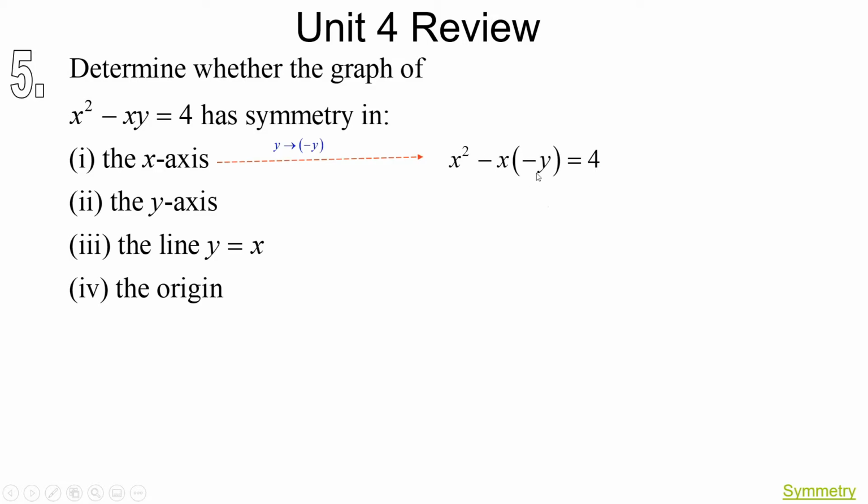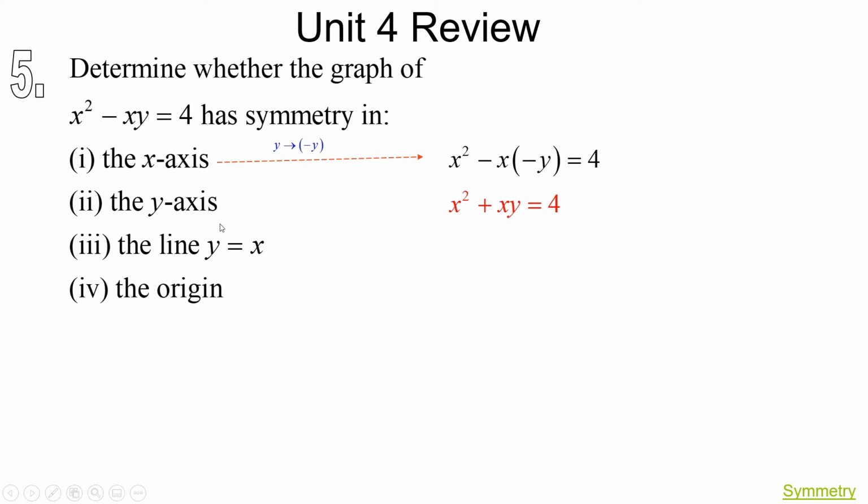But now when I simplify that, I get my x squared, and negative x times negative y would be plus xy equals 4. Not the same equation. Therefore, this relation, if you want to call it a relation or equation, does not have symmetry in the x-axis.